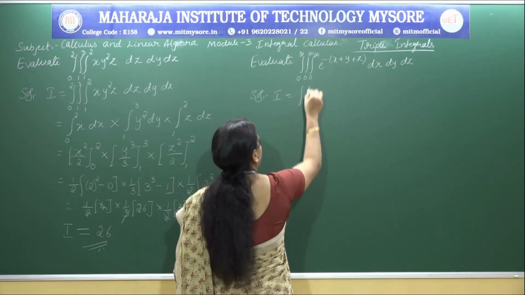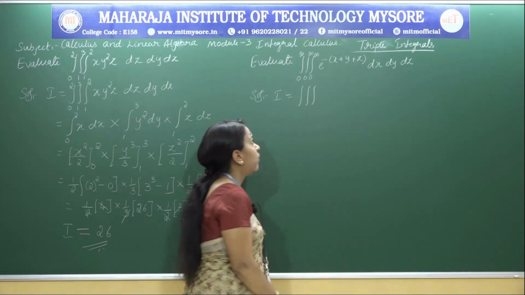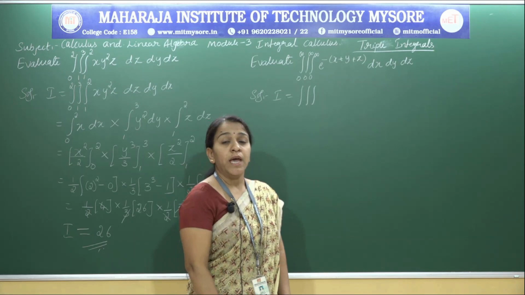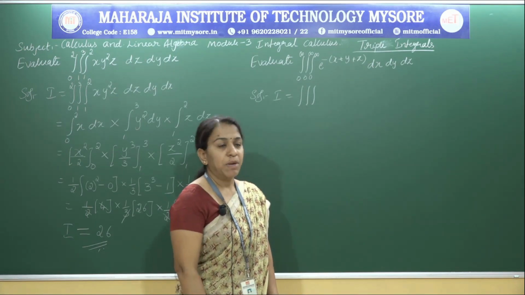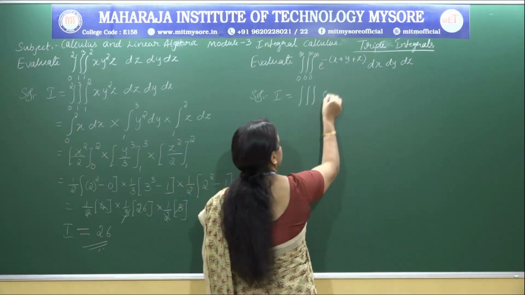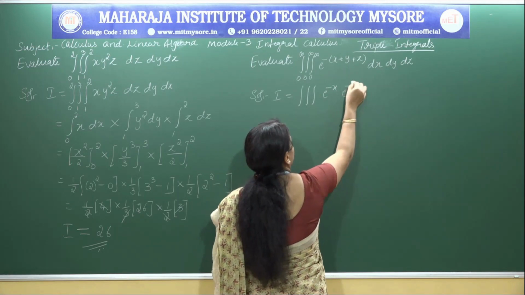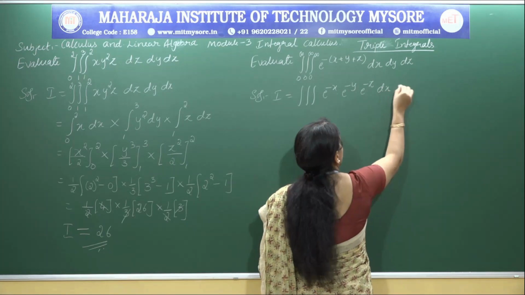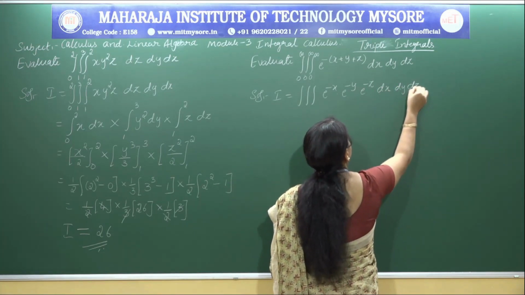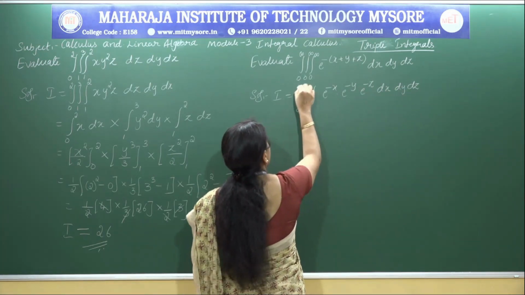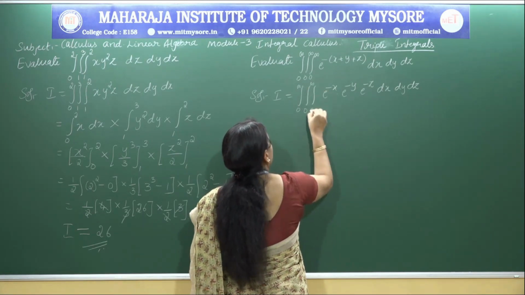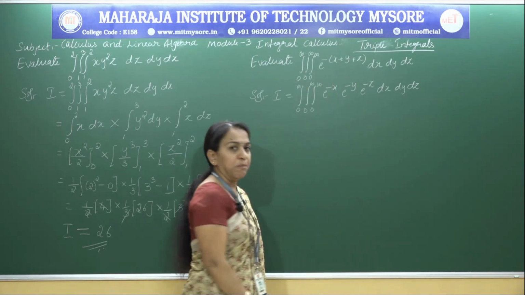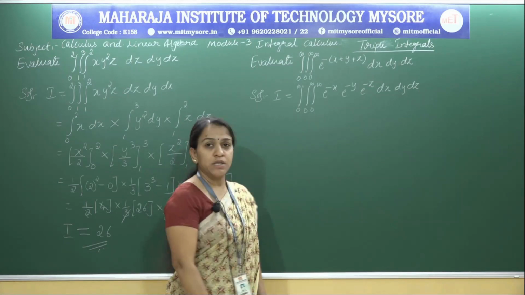I is the triple integral of, instead of having e power minus of x plus y plus z, I split the power like e power minus x into e power minus y into e power minus z dx dy dz, and of course the limits are 0 to infinity. Again all the limits are constant.